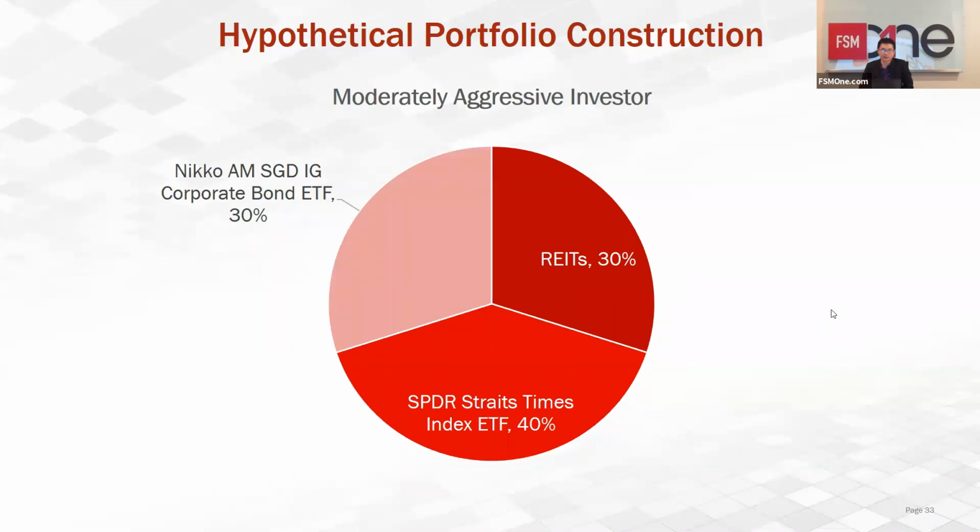Okay, but I think the SPDR Straits Times Index ETF has a longer track record. And also in terms of the tracking difference, it is slightly better than Nikko Asset Management. But if you ask me, I think these two products are honestly quite comparable. Okay, but I've just selected the SPDR Straits Times Index ETF for my hypothetical portfolio today.